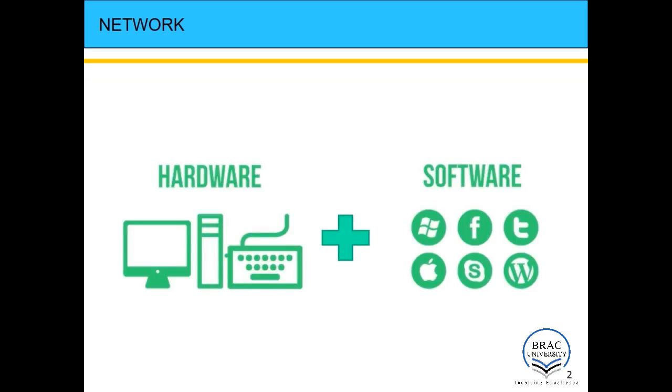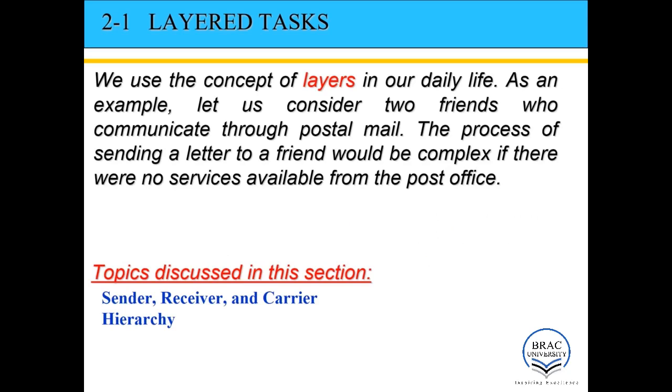We can say a network consists of some hardware and software. Basically, there are some devices, such as computers or mobile phones, that are connected together, which have some software that facilitates communication between them, and the whole communication will be done using the network model concept. To understand the network models, we must understand the concept of layers.